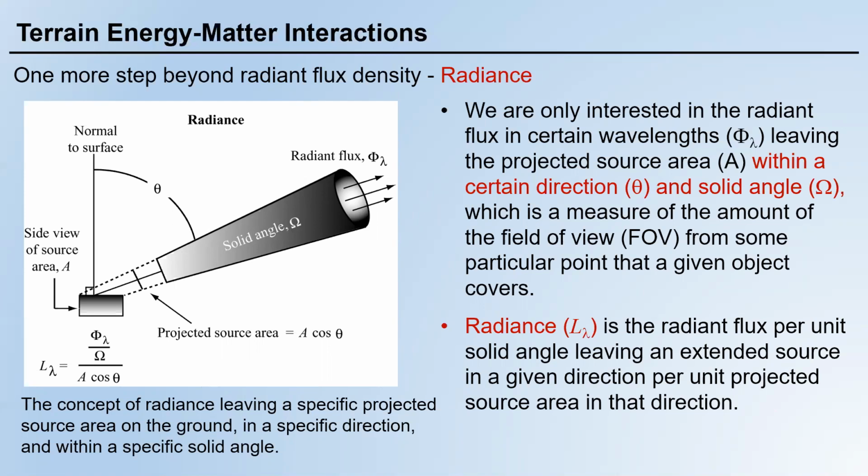Like I said, when you're using a camera, there is always something called FOV, field of view, which means this camera, this sensor, can only cover a specific area, which means it can only collect EMR from a specific direction, right? EMR outside of that direction is something you should not consider because it's outside of your FOV, and radiance is used to address energy per solid angle or per direction.